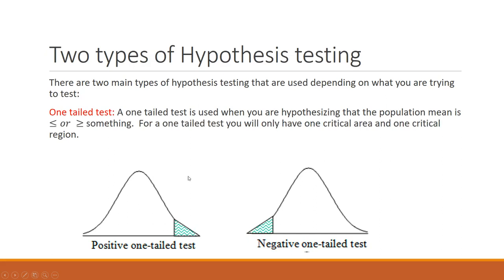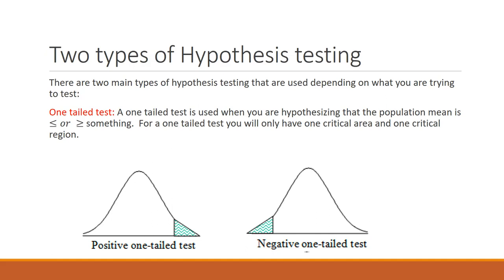Basically, what we mean here is, a one-tail test is when our alternative hypothesis says that fertilizer increases income, for example. That would be a positive one-tailed test. A negative one-tailed test would be, let's use an example of malaria-treated bed nets.